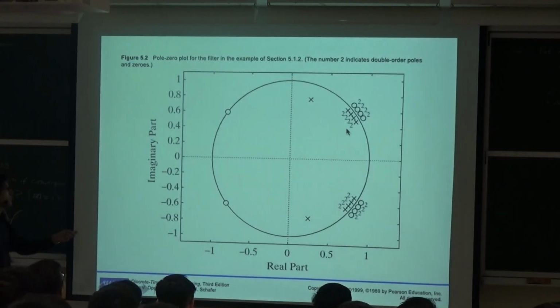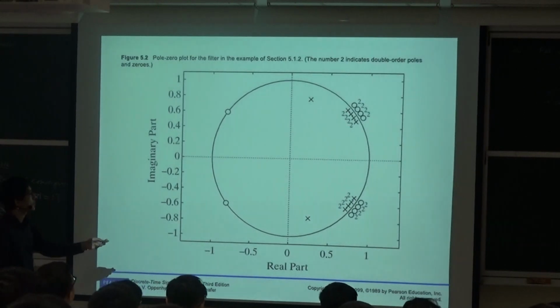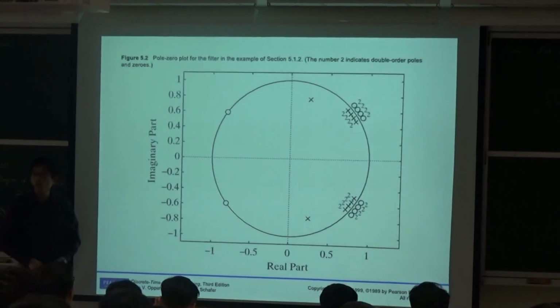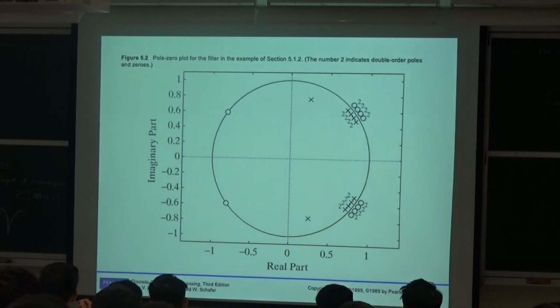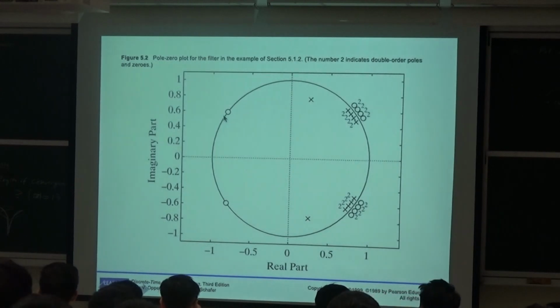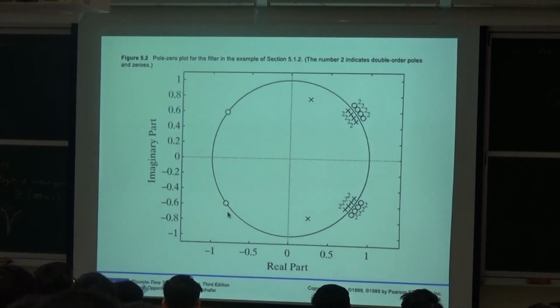Number 2 means that in this case we have a double root. That's not super important. And here in this example, we have a zero exactly on the unit circle, with its conjugate as well. Okay. So we are going to see the phase response and magnitude response of this LTI system.